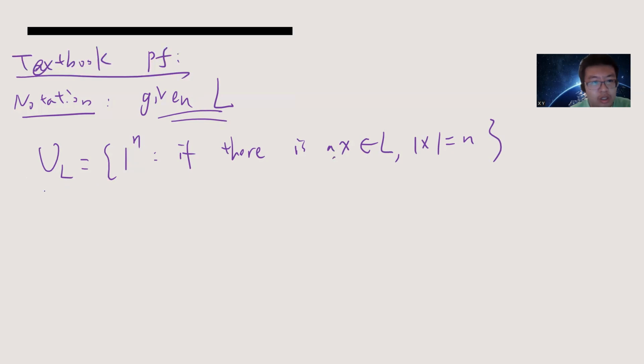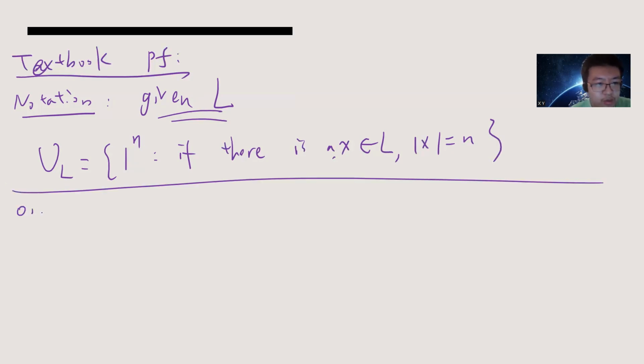Okay, so one can view L as an oracle. Basically I can let L be B, because you can view an oracle as a language. You just ask the oracle, and if the oracle tells you yes, that means yes in that language.